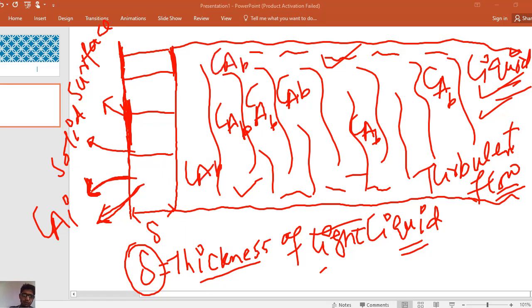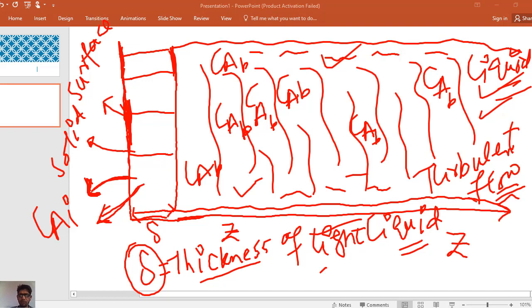This is the z direction. The mass is transferred in the z direction only. That is a one directional mass transfer procedure.